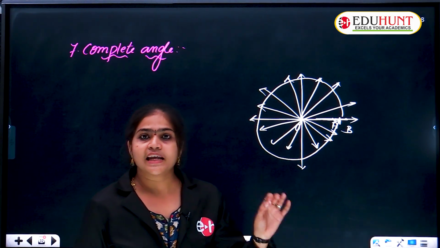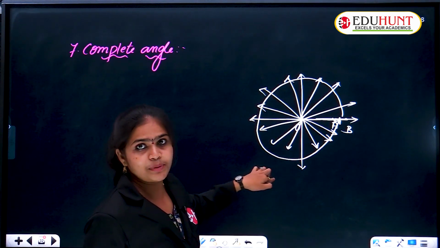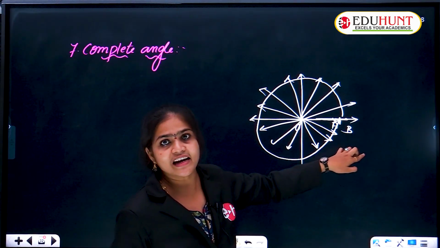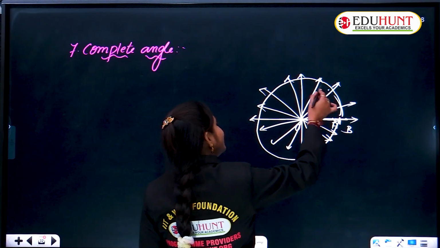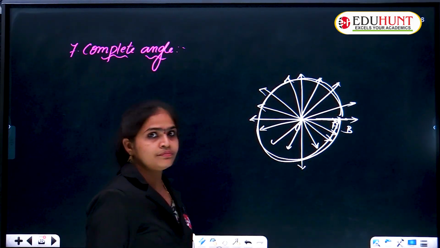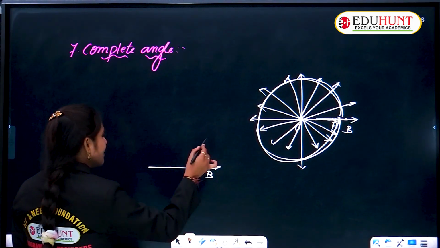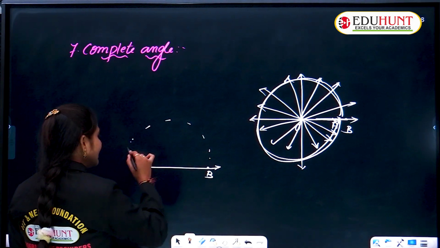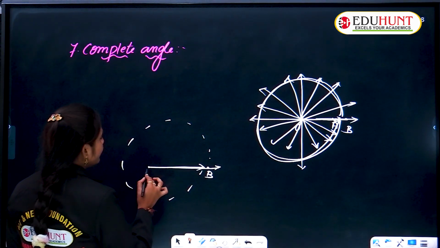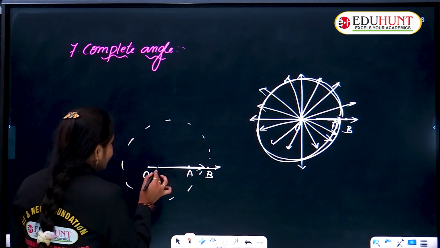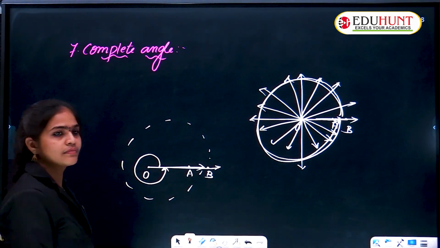Now here, OA, the terminal ray, moves in the anti-clockwise direction, and after completion of all those angles, again it meets OB. Just observe, this is OB, this is OA. After completion of all the angles, OA again coincides with OB.